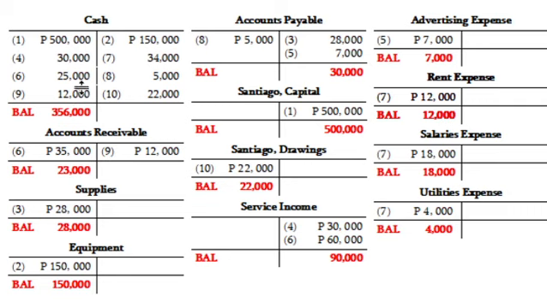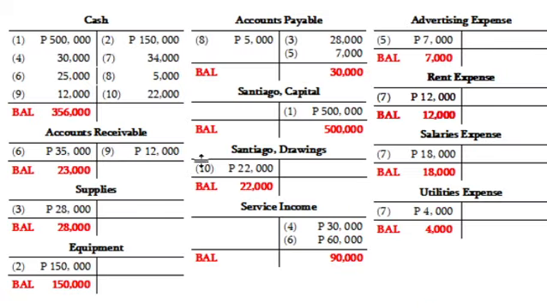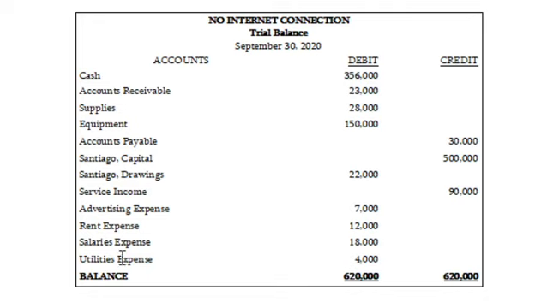So, kung si cash is nakalagay sa debit, 356, pagdating sa ating trial balance is naka-debit din siya. Example, dito sa ating accounts payable, we have 30,000 of credit. So, pagdating sa trial balance, dapat naka-credit din.